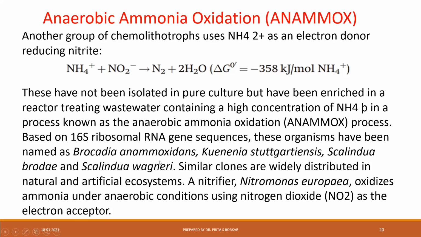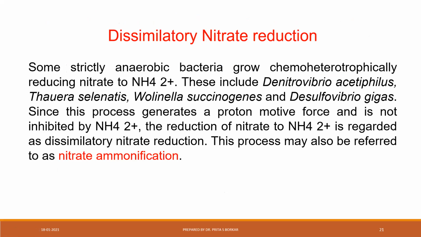So these are the microorganisms capable of nitrite reduction in presence of ammonia. A nitrifying bacteria like Nitrosomonas europaea oxidizes ammonia under anaerobic condition using nitrogen dioxide as the electron acceptor. So this is another bacteria which oxidizes ammonia in anaerobic condition.